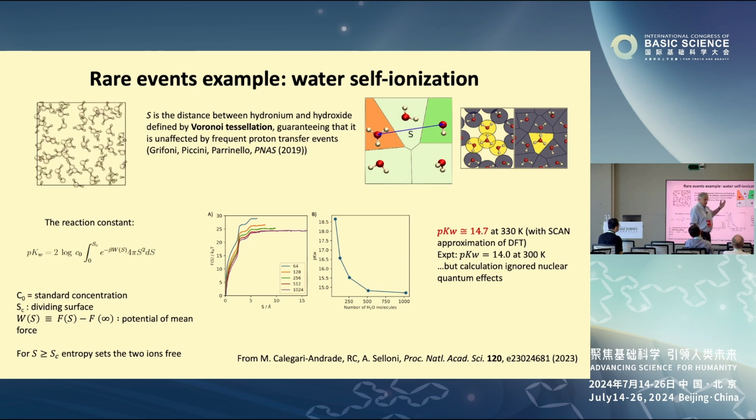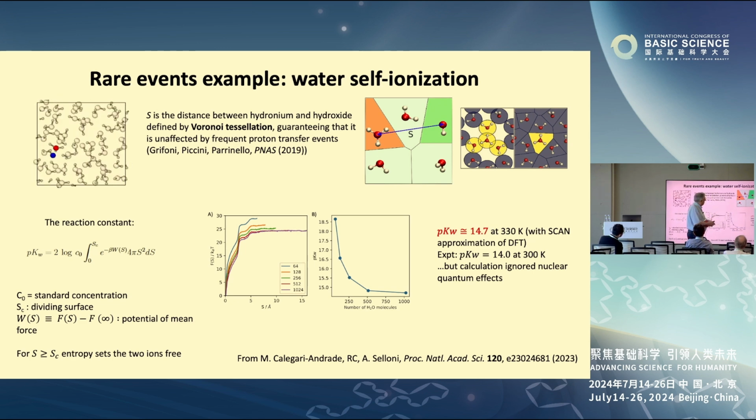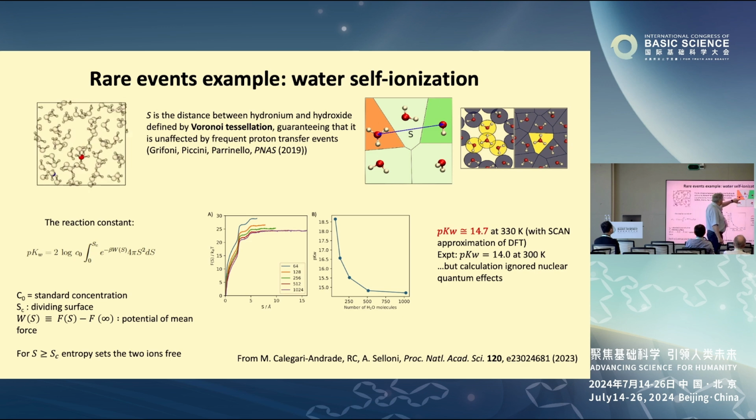And that is called the Grotthuss mechanism, and so we will lose track of the proton. So in order to do that, we used a collective coordinate that was actually suggested by my friend Parrinello, which is a global reaction coordinate that is based on a Voronoi tessellation of the system.